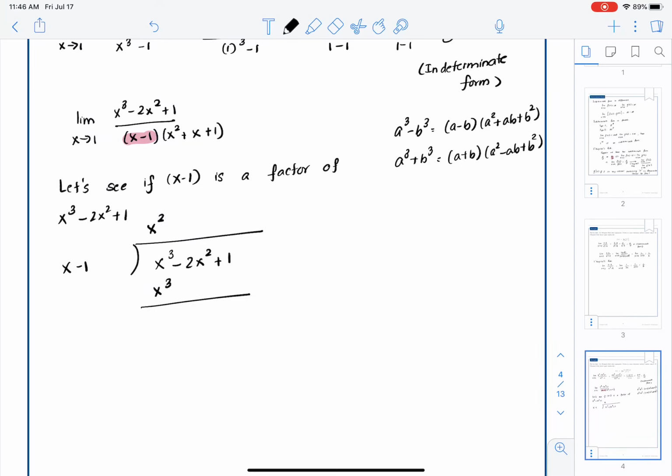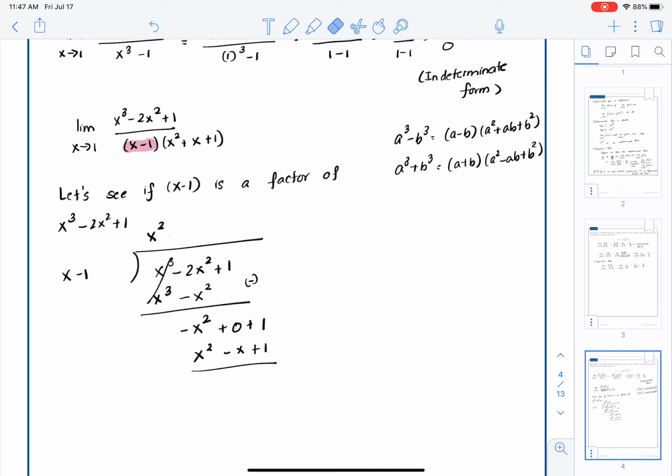So I'm going to multiply by x squared. I get x cubed minus x squared, subtract, and I'll have minus x squared plus 1, and when I multiply by x, I would get x squared. I need to have a 0 term here, 0 and 1, because we are missing x, minus x plus 1.